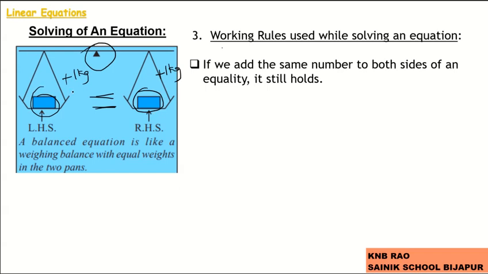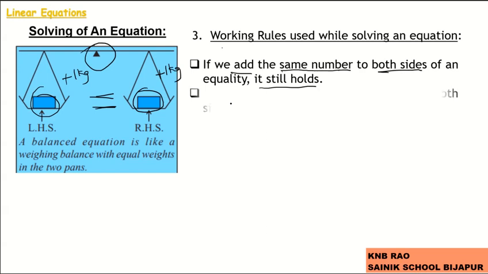Then again the physical balance gets into equality, in equilibrium I mean. So that's why we say if we add the same number, it is very important, adding the same number to both sides makes no change in the equality, it still holds.